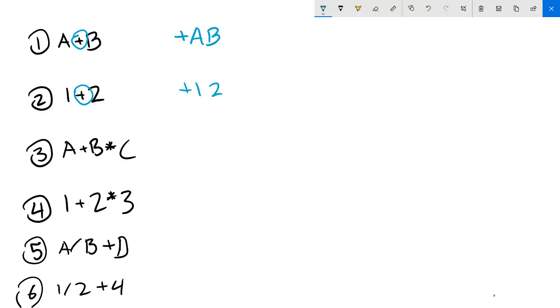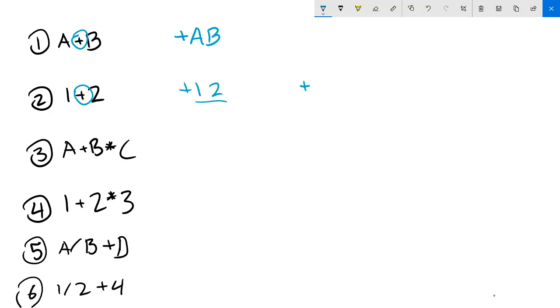Now, a question that you might have, especially if you're coming from programming, is, well, how does the computer know this is not a 12, but it's a 1 and a 2? And it depends on how you set this up, obviously. But an easy way is that you can put a space between each character.